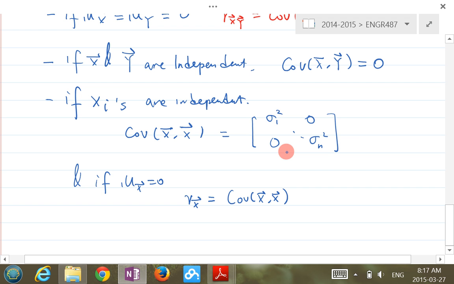In the future, when we write this matrix, we'll write it as sigma x like that.